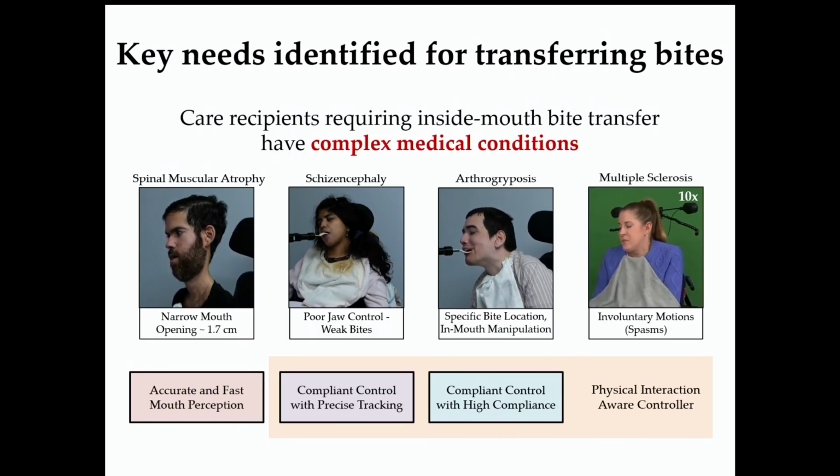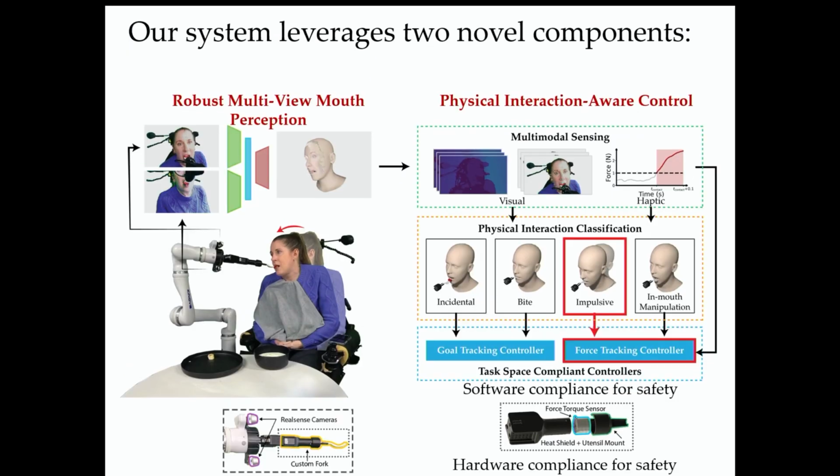The way we achieve this very quickly again is basically we developed a new perception method, which we call FEMTO, which works even under occlusion, because when you come very close to the mouth, even your own robot is occluding the camera's view. So you have to work with occlusions and predict the mouth state.